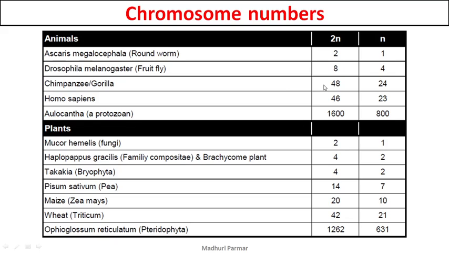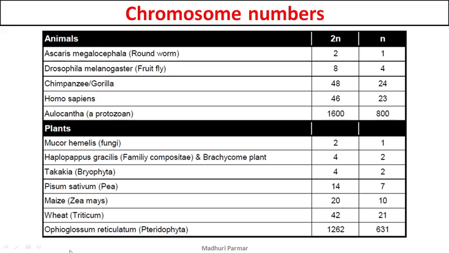Chimpanzees or gorillas, which are our closest relatives, have 48 chromosomes, and we have 46. There is a protozoan called Aulacantha. This Aulacantha has 1600 chromosomes. So you can see how much difference there is in the number of chromosomes. It could be various.